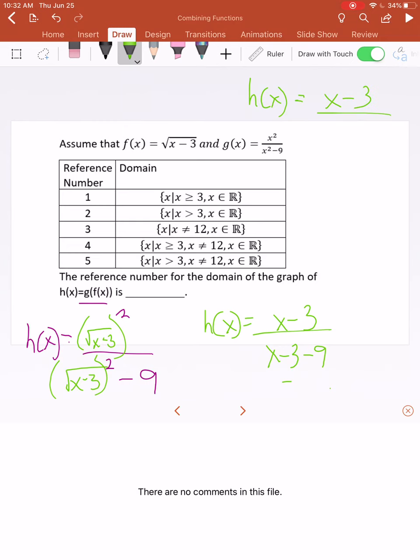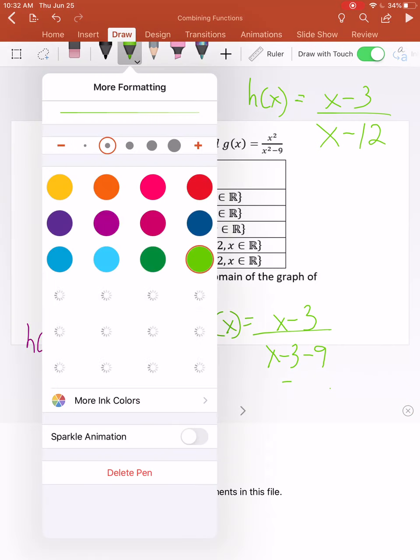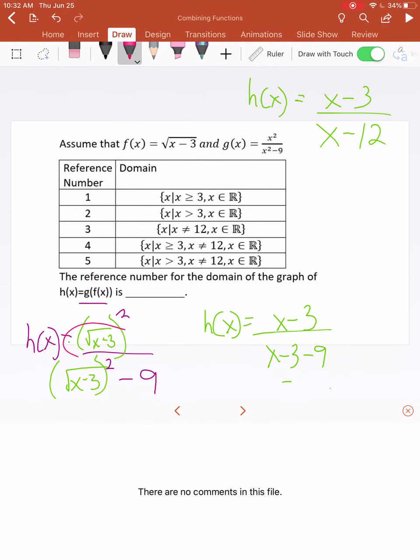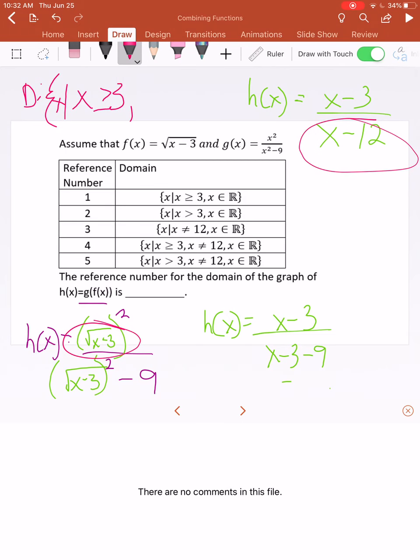Okay, but similar to the question we did before, there's still restrictions. You have to consider the restrictions of every single step. So here we do have a restriction, right? Because we can't have a negative radical. So that means x would have to be greater than or equal to 3. We also have a restriction for our domain in the fact that we can't have a denominator in our simplified expression that would equal 0.